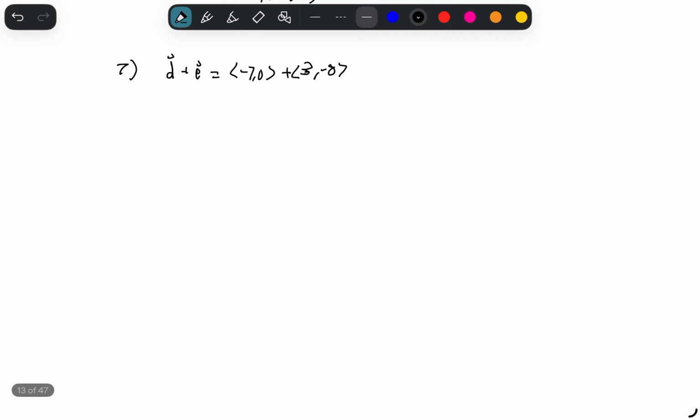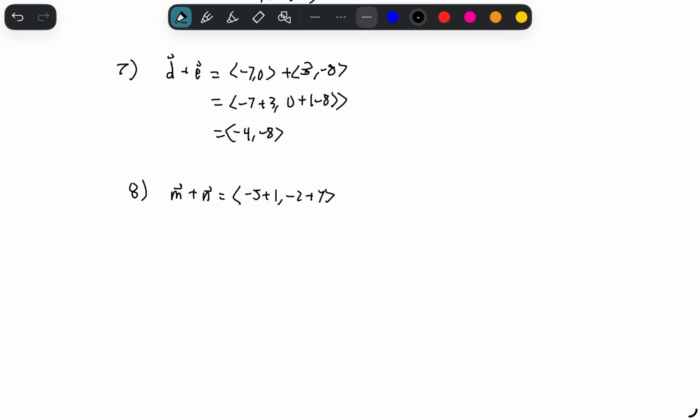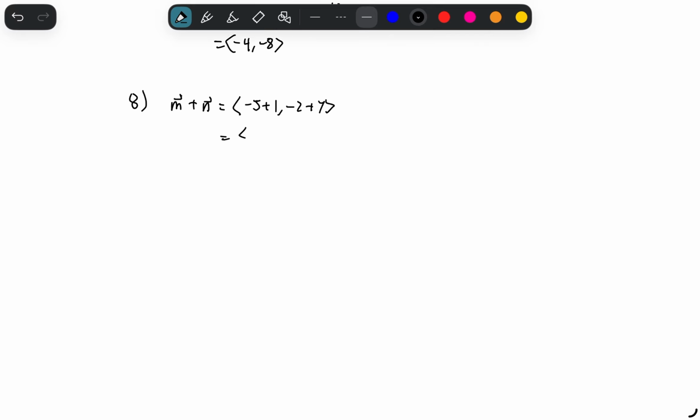We would add like we'd keep doing. What if we had m plus n? We would get -4, 5.